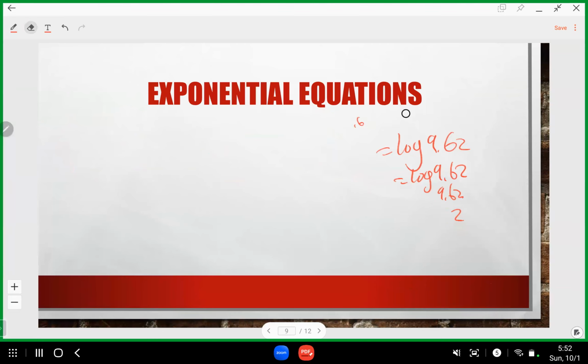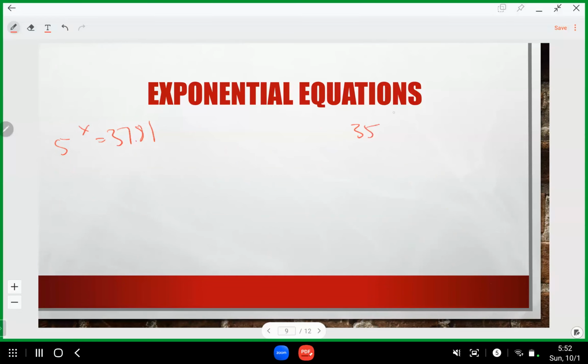Okay, so the next one we have here is 5 to the x is equal to 37.81, and 35 to the 1 minus 2x is equal to 7. So let's just do these two. I'll give you a couple moments to do them.